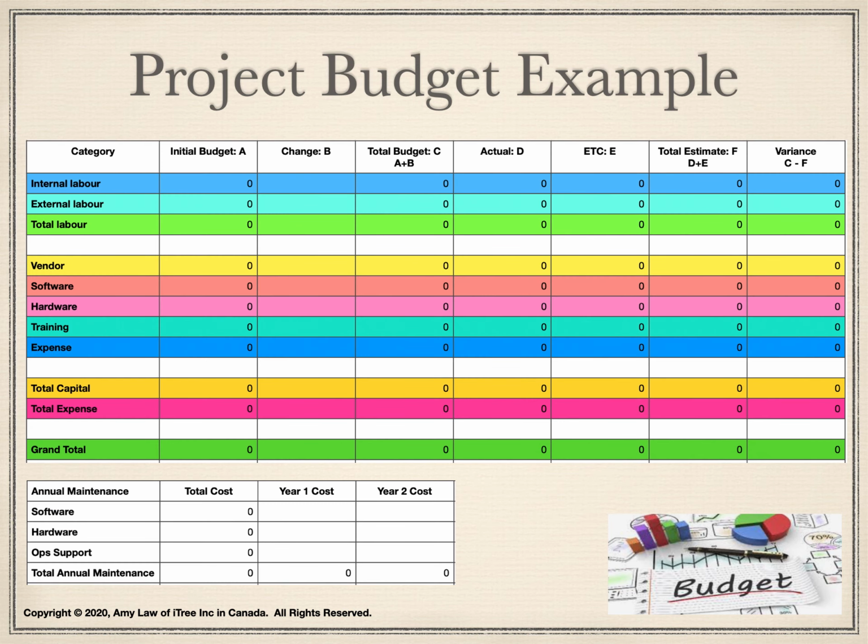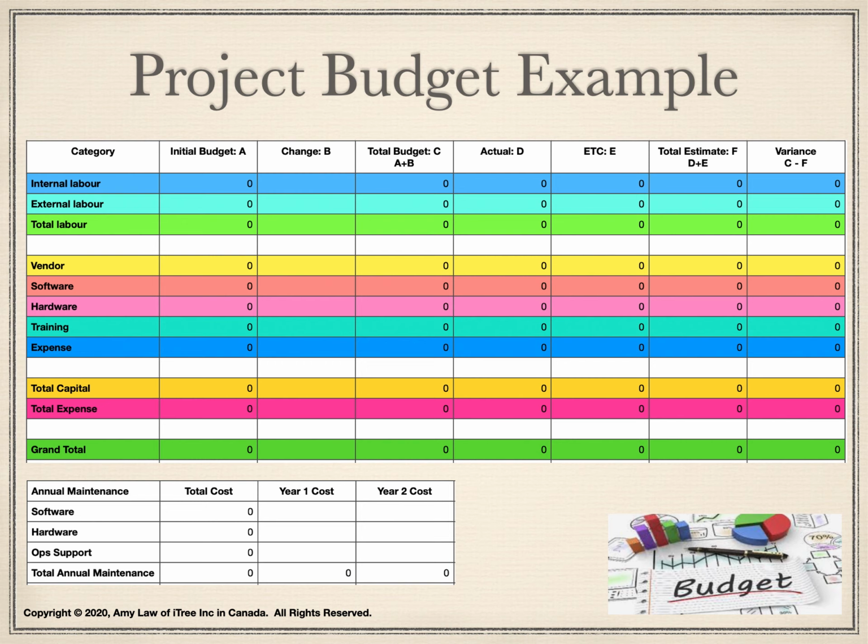Here is an example of project budget summary. On the left, this table shows the project budget in different categories, including internal labor, external labor, vendor, software, hardware, training, and expense. In this case, project management and organizational change management are considered as labor. This table includes a division of budget between capital and expense.